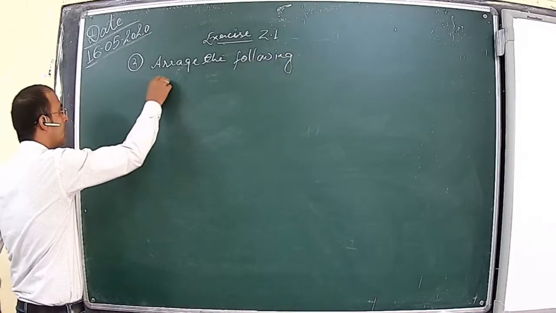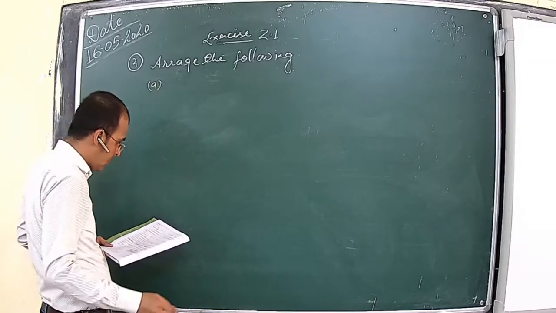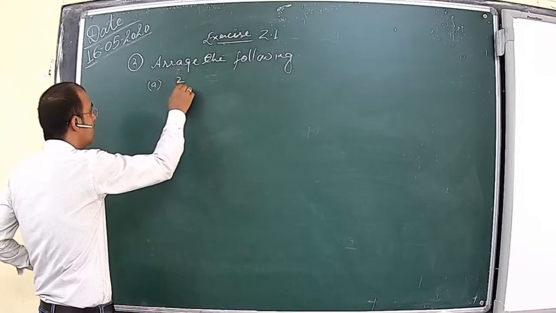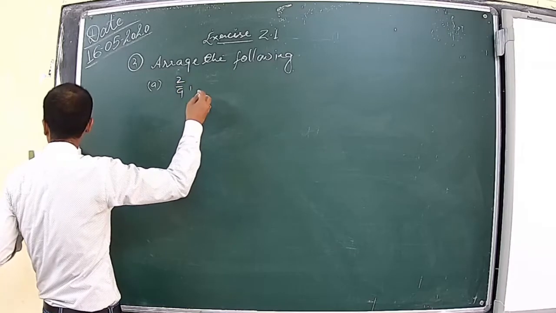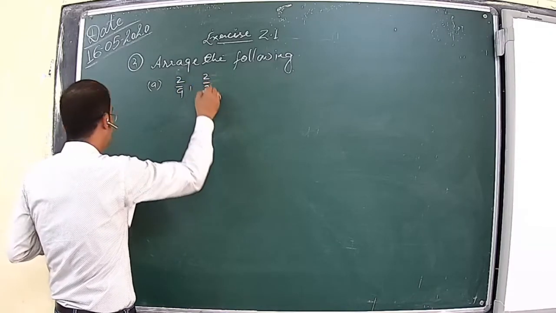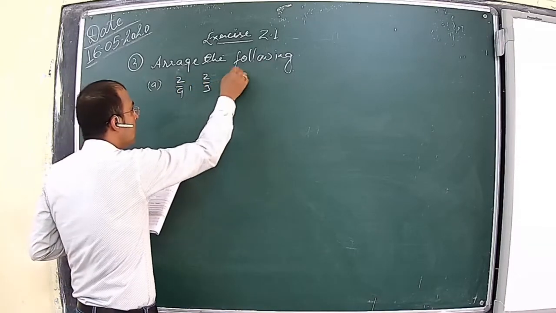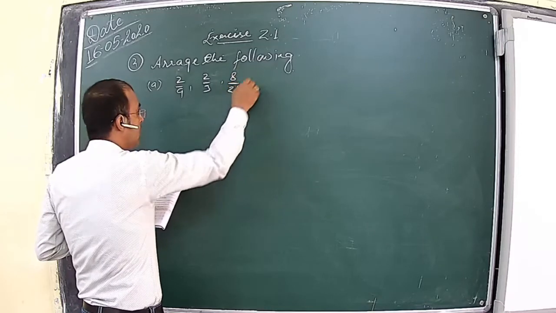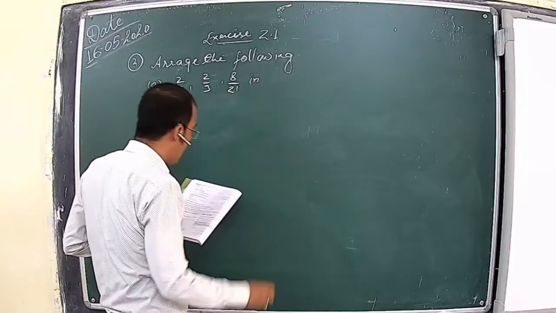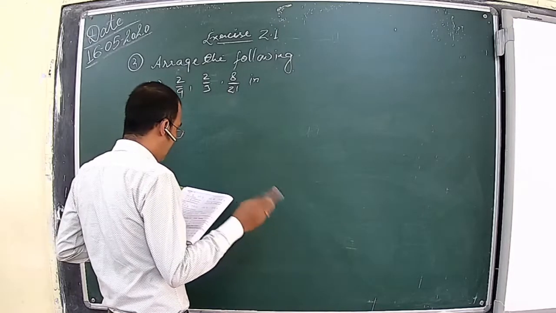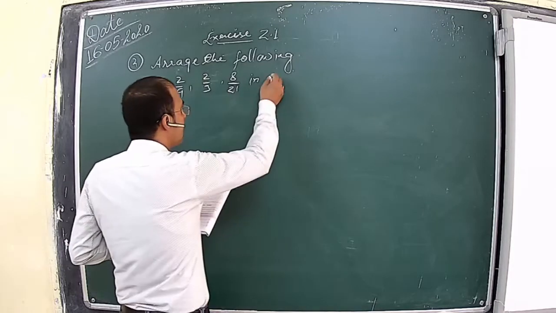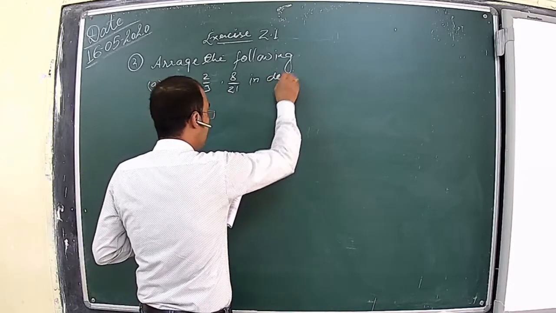The first part A is given here: 2 by 9, comma, 2 by 3, comma, 8 by 21 in descending order, means from greater to smaller.